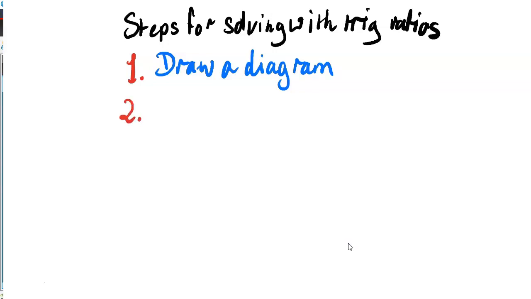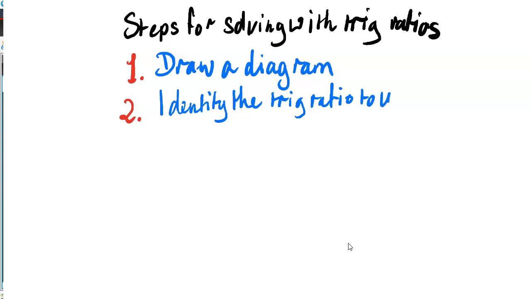Step 2. What do you think step 2 is? Identify the trig ratio to use. And how do we do that? SOHCAHTOA. I don't mind if at the top of every page that you work that you write that on. Okay, so we identify which trig ratio to use.